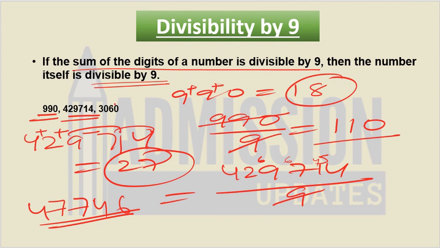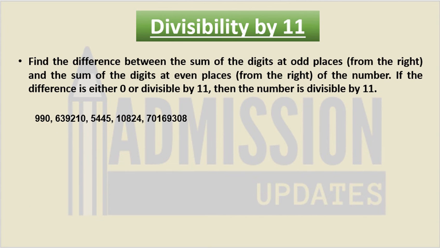Now you can check for this number whether you are able to follow the process and divide the number by 9 or not, or you can take other examples from the internet or from your mathematics books or from anywhere. Now let us check the divisibility rule of 11, and this is the last one.